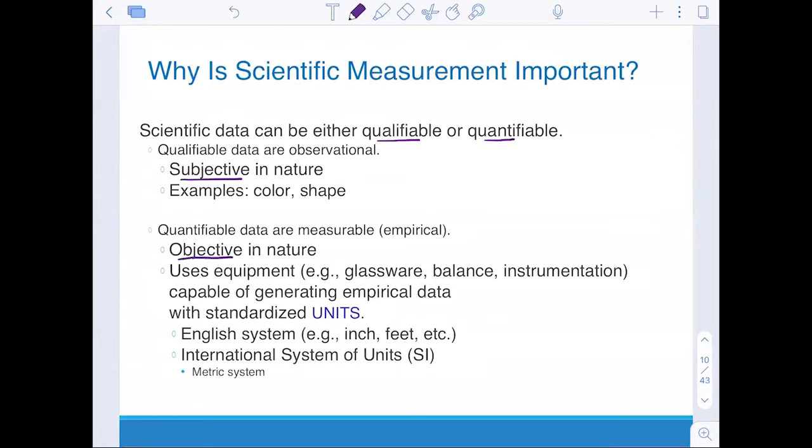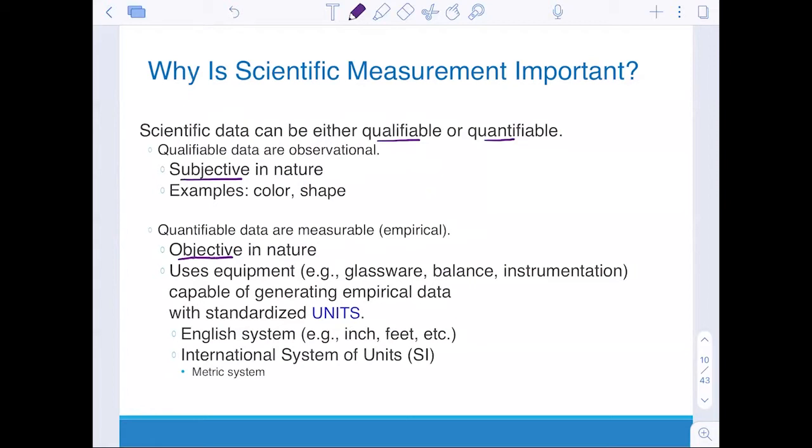Quantitative is objective. I get a number. It's 72 degrees outside, right? So we can see how temperature can be both qualitative and quantitative. What 72 means to you, hot, cold, cool, beautiful, is up to you. But the number 72 is quantitative.